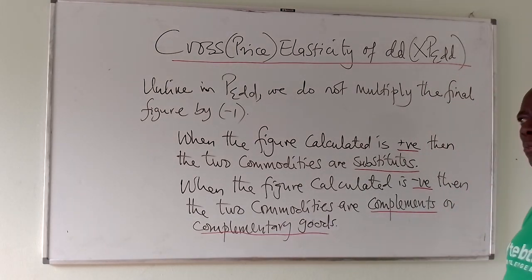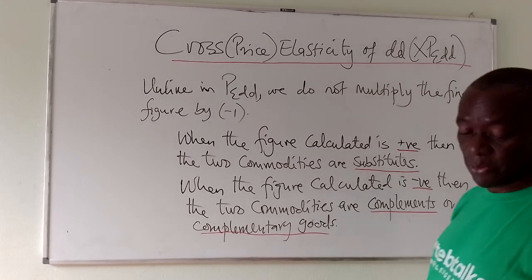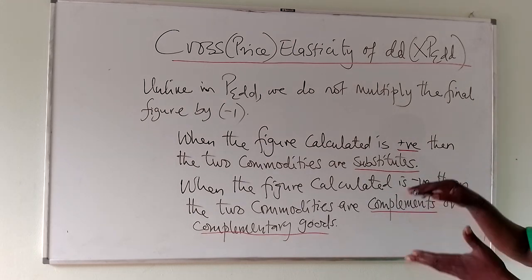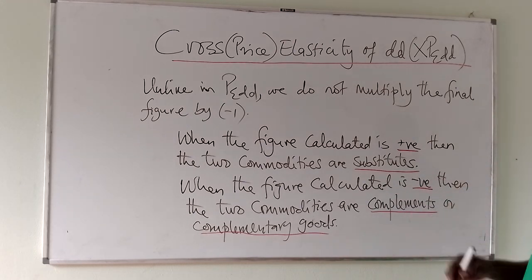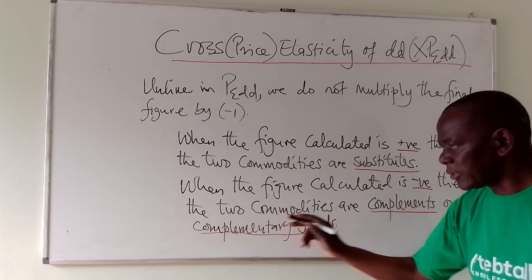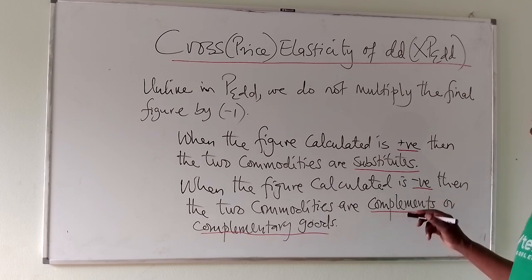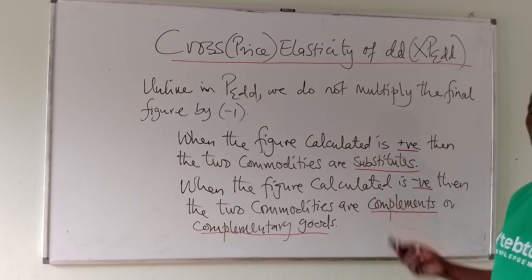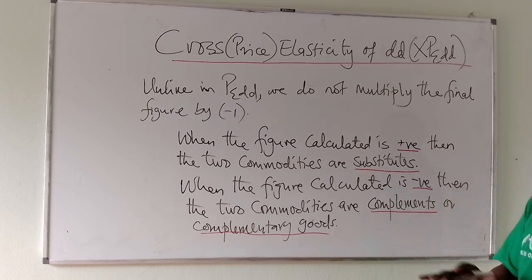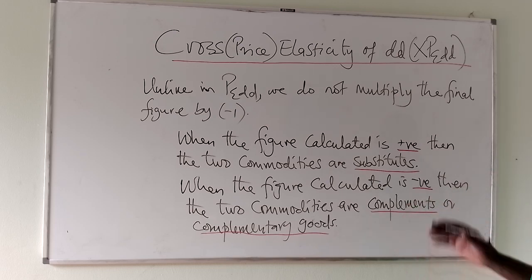These are common questions that you find in examinations. They tell you, given this and this and this, calculate the cross price elasticity of demand or the cross elasticity of demand. Once you calculate it, you get the answer. Roman 2 will say, what is the relationship between the two commodities? What do they want? Are they complementary commodities or substitutes? That is the answer they want, and only that.